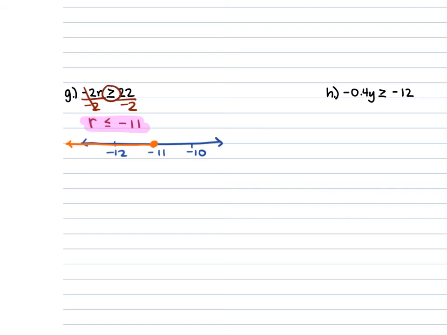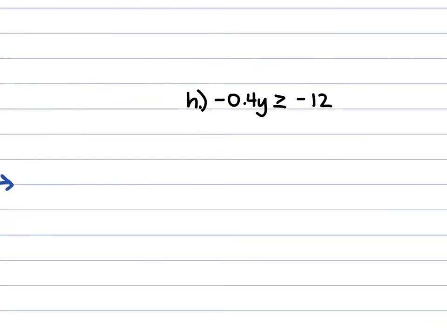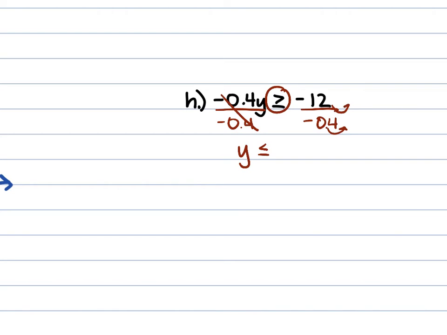For h, we have negative 0.4y is greater than or equal to negative 12. So I'm just going to divide each side by this negative 0.4. Those 0.4's cancel. My sign switches, so y is less than or equal to 120 divided by 4.